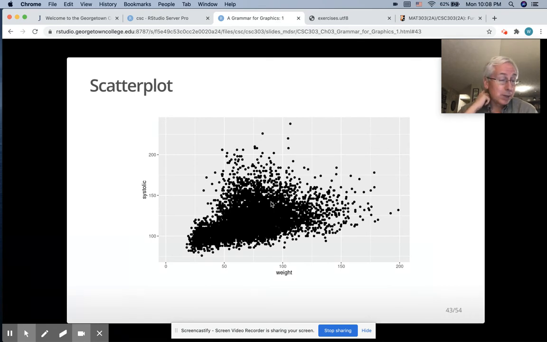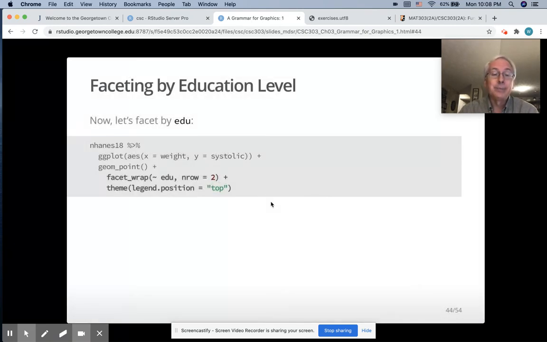But what I might want to do is see, well, is there variation? Do we see variations on this plot if I break things up by education level? So we can use the command facet_wrap to break our plot down by education level.